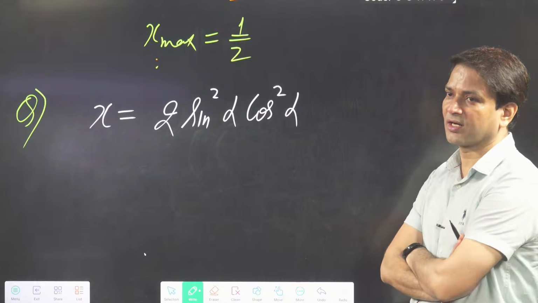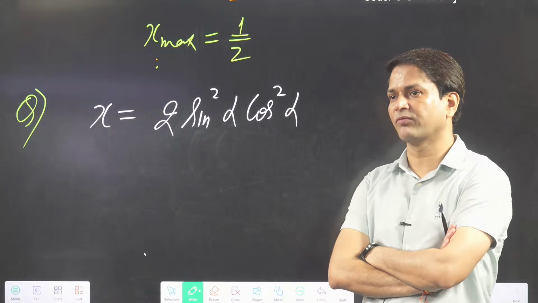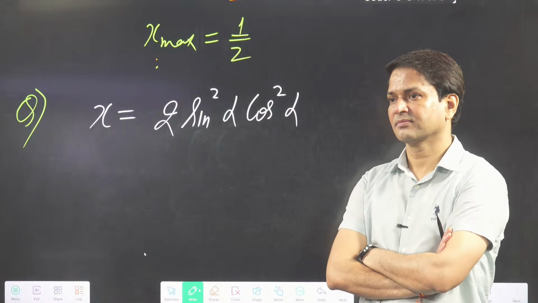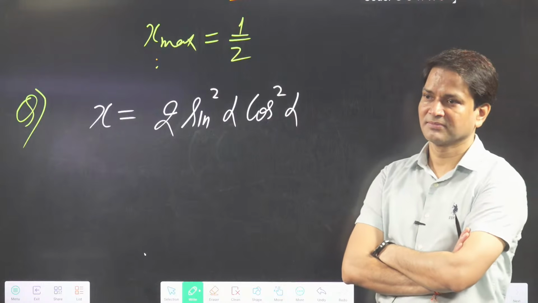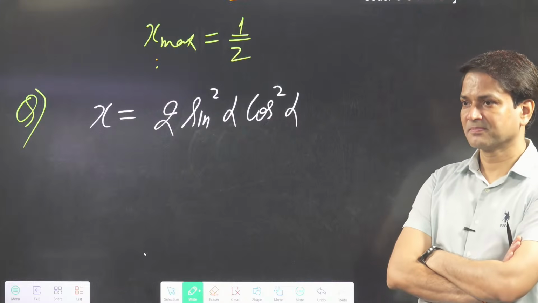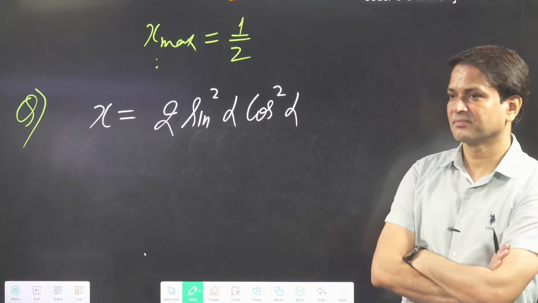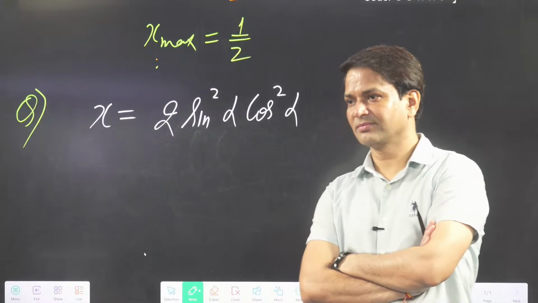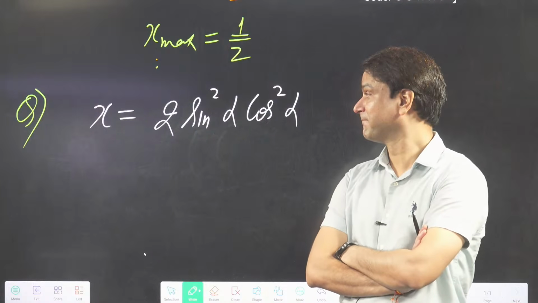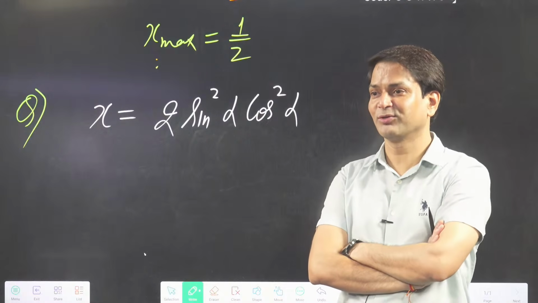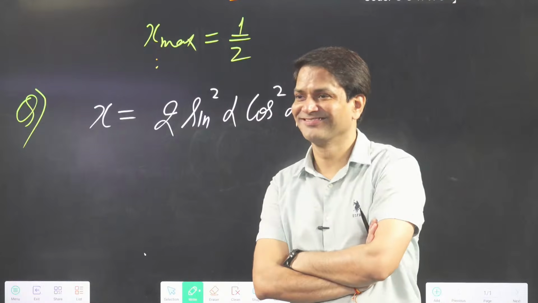Two sin square alpha, cos square alpha, what is the maximum value of x? One by two. Good. One answer I got, 1 by 2. Maybe it is correct or not. We will check.